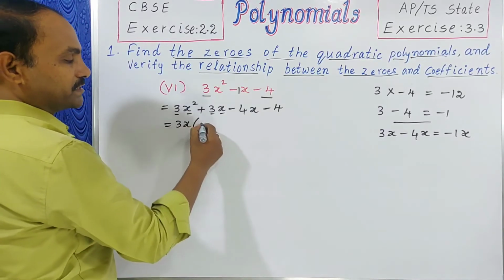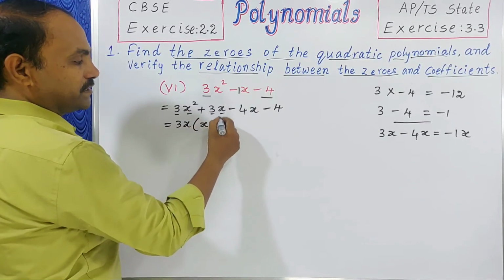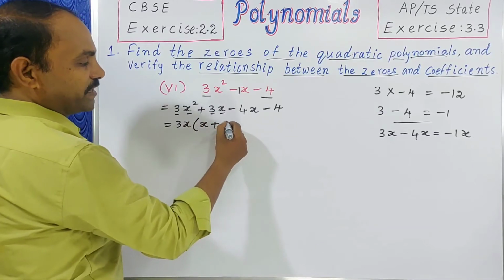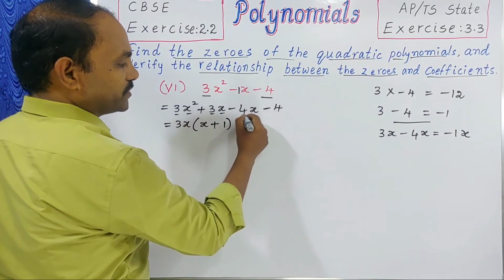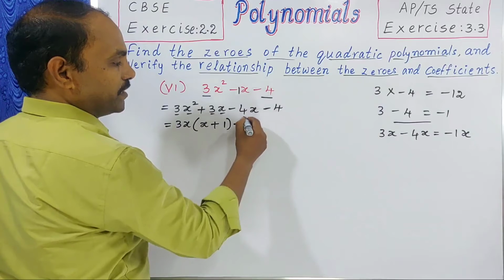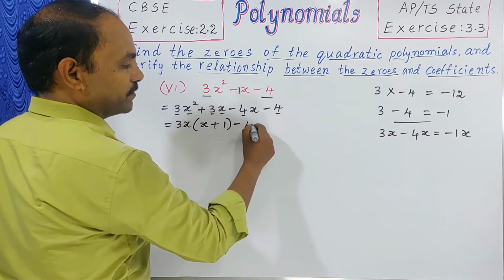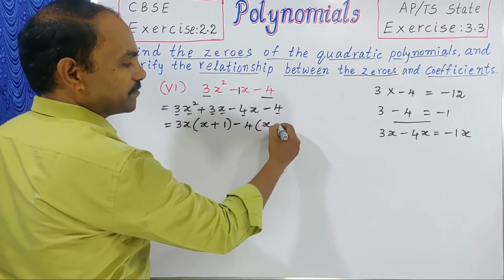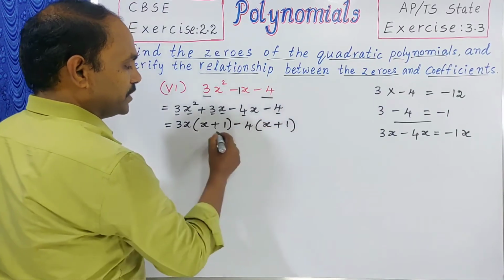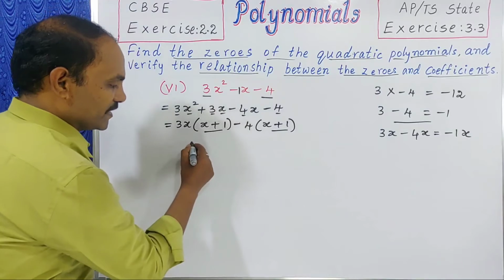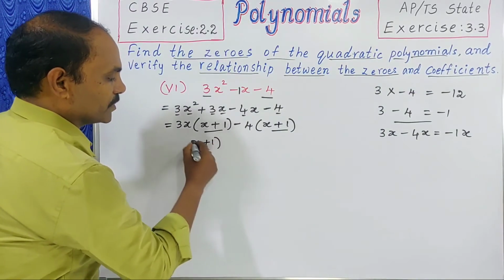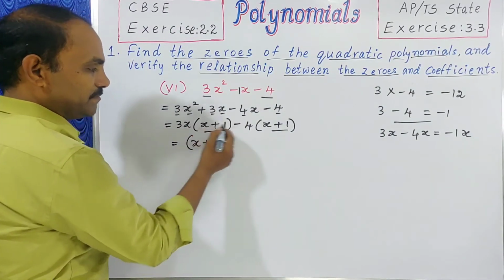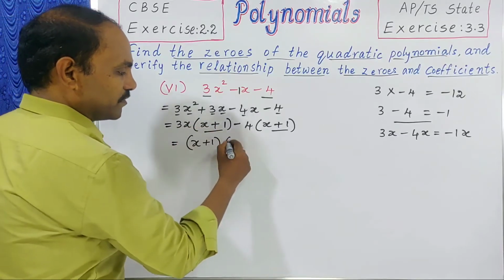Here 1x is there, plus 3x common, that's why 1 is here. In these two terms, minus is common and 4 also common. Then x, already minus gone common, so plus 1. Here in these two again x plus 1 into what remains, 3x minus 4.